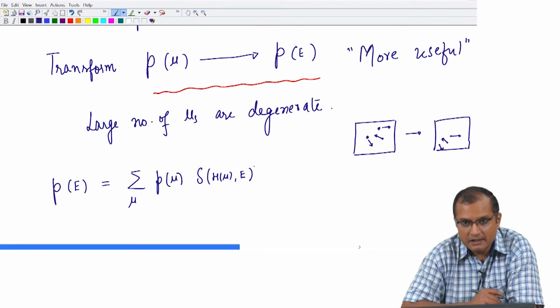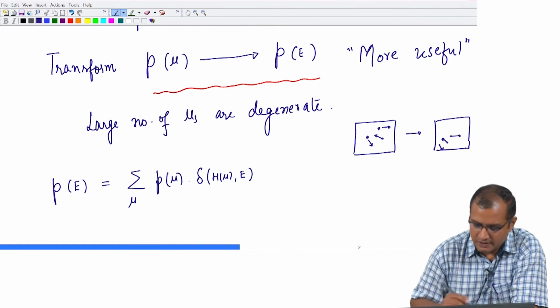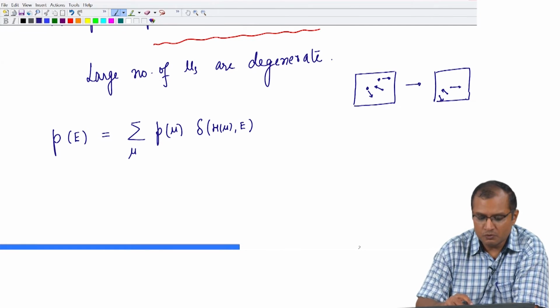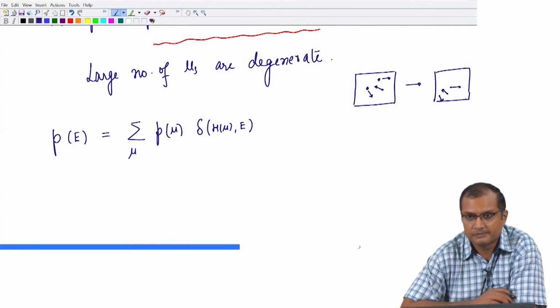So, this is basically just a canonical delta function, which when weighed in your PDF P of mu, gives you P of E.